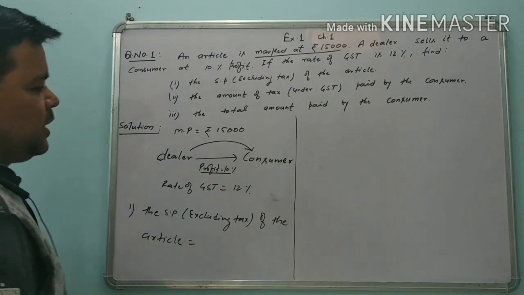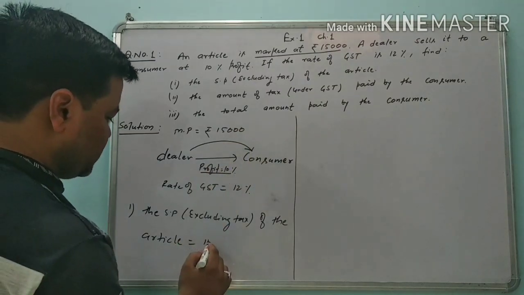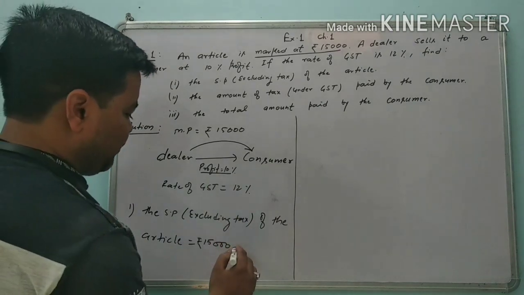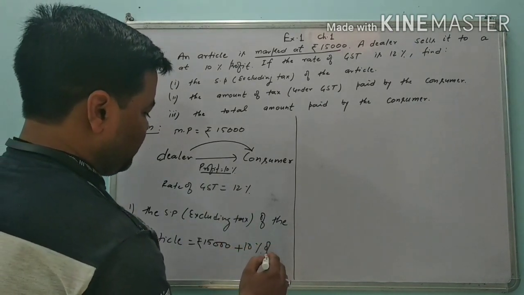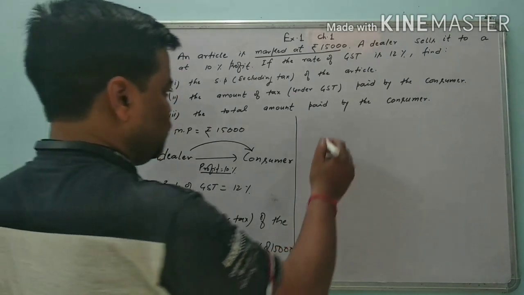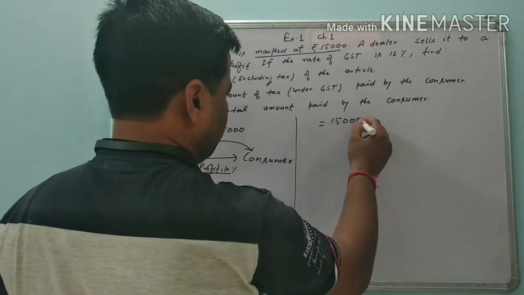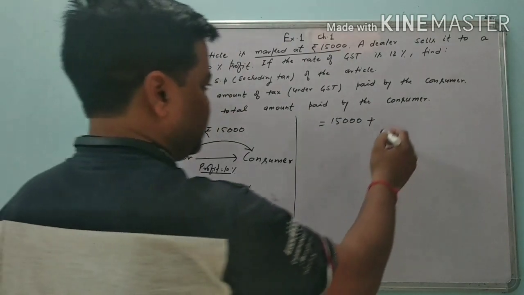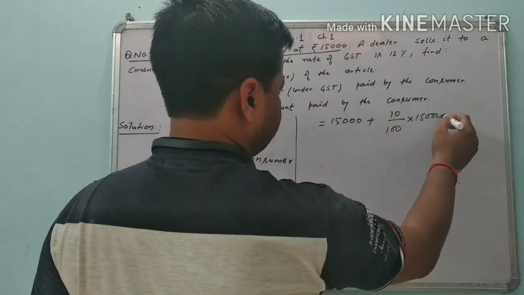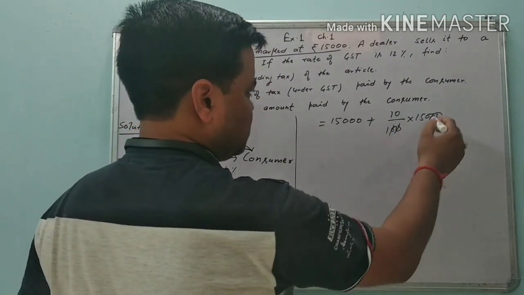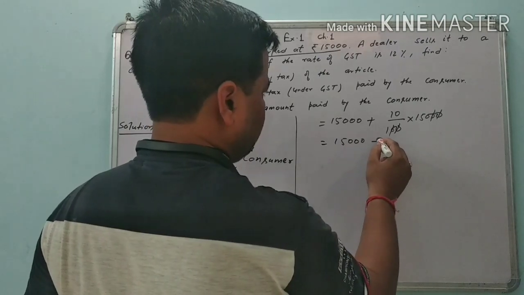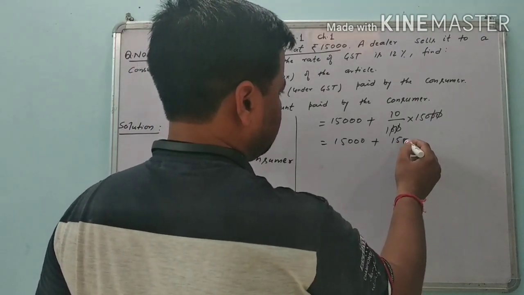is equal to 15,000 rupees plus its profit, that will be plus 10% of 15,000. 10% means 10 by 100 into 15,000. Now the double zeros cancel, and it will be 15,000 plus 1,500.